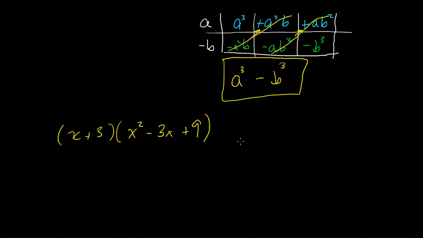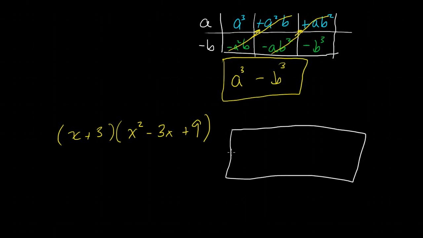Well, let's draw our little area model. Here's our box. Not the most perfect box, but it does the job. We have an x there and a positive 3 there. And then in purple, let's say, we'll do our x squared minus 3x and a positive 9 there at the end.